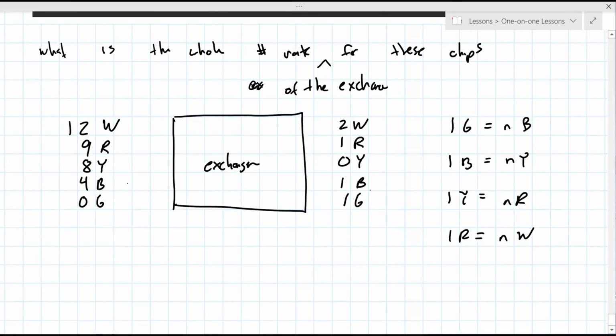This green must make up for the fact that these are so small. Do you follow that at least? The only one that's different in this list, they gained. Yeah, this one green must make up for the fact that there's 10 less whites, 8 less reds, 8 less yellows, and 3 less blues.